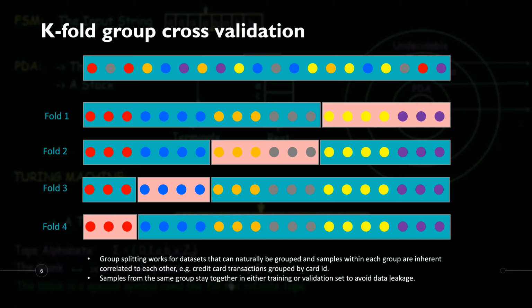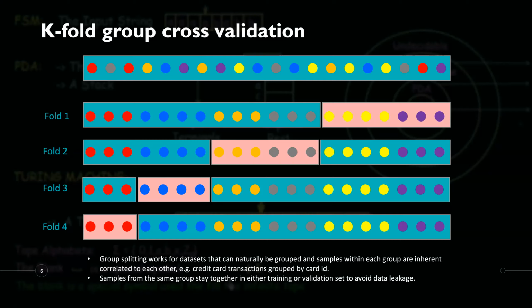So why do we want to do that? Because if we split the transactions from one customer across both training and validation, the model can learn that specific customer's behavior from the training data set, and it becomes very easy to get a good result by making predictions for customers we already know.